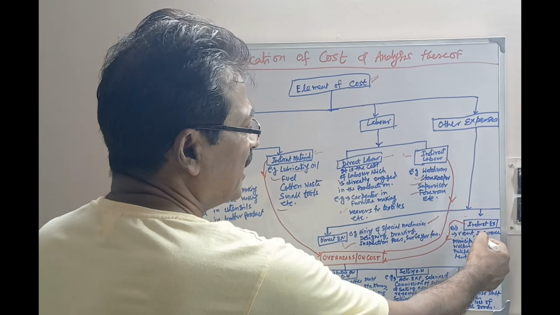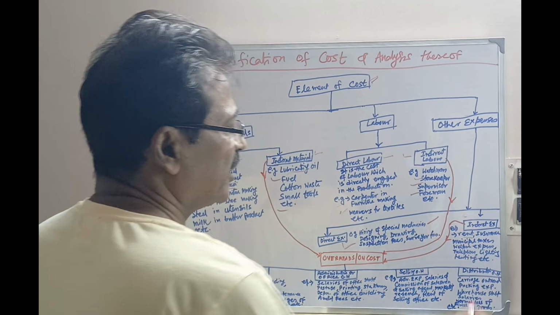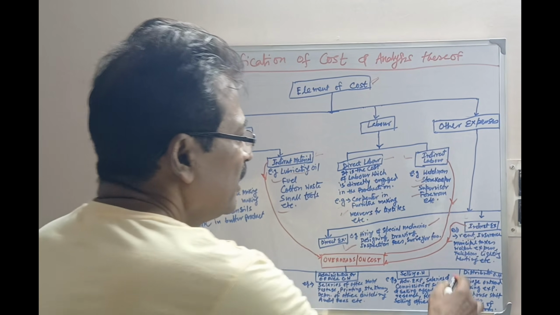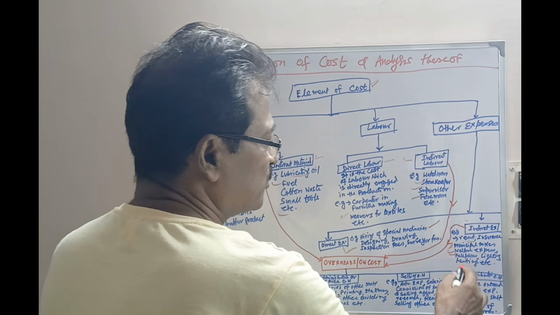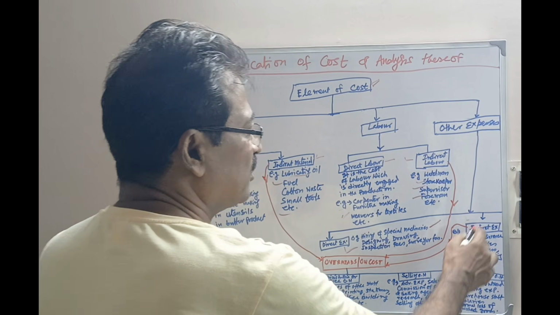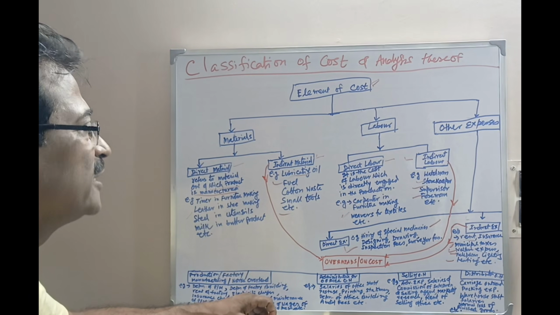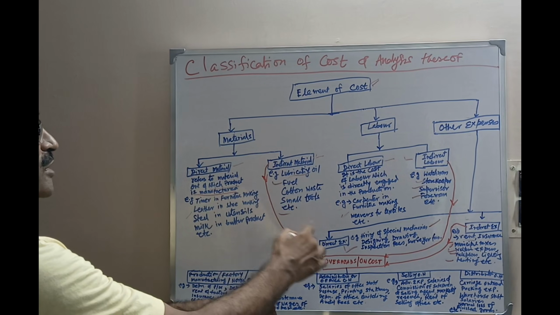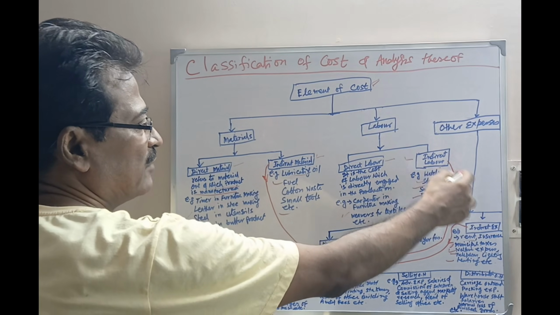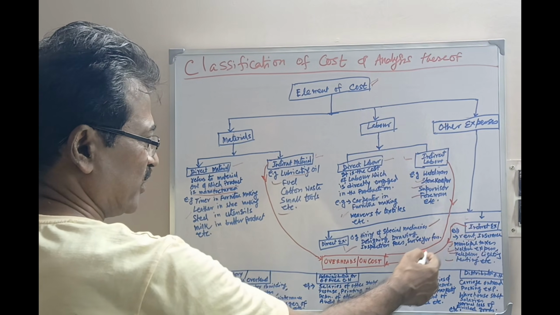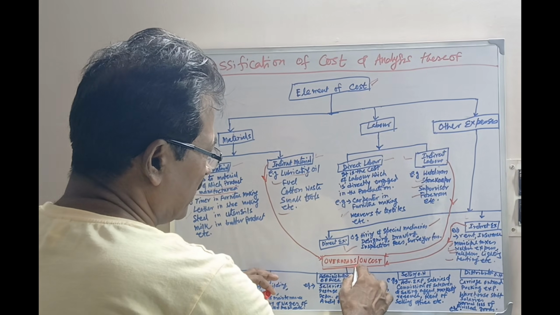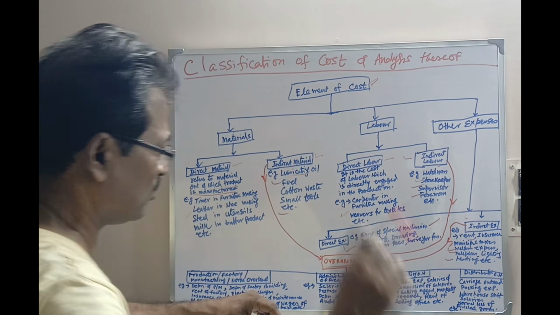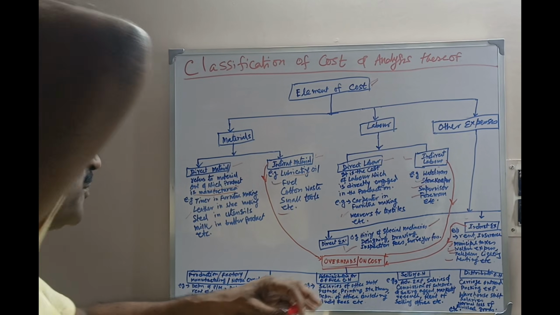Similarly, indirect expenses are rent, insurance, municipal taxes, welfare expenditure, telephone expense, lighting, heating. All these indirect material, indirect labor and indirect expenses come together and form overhead. All these expenses are called overhead or on cost.